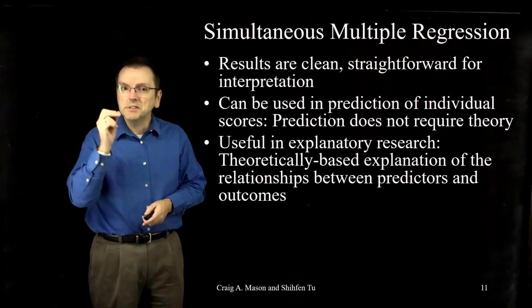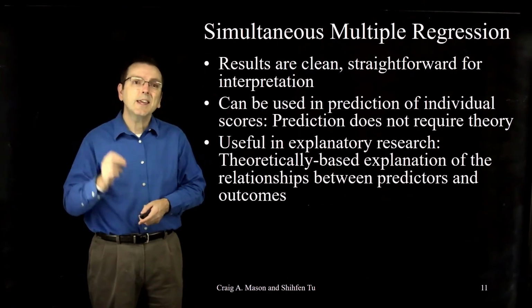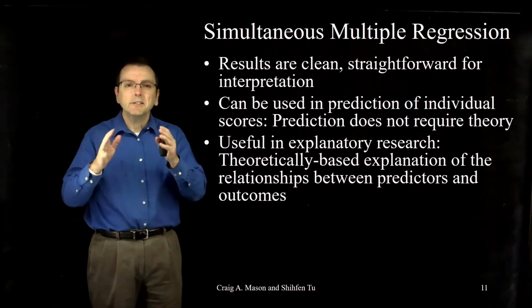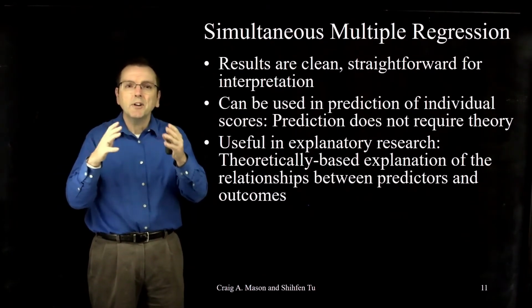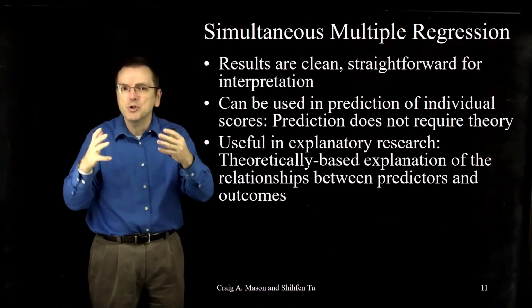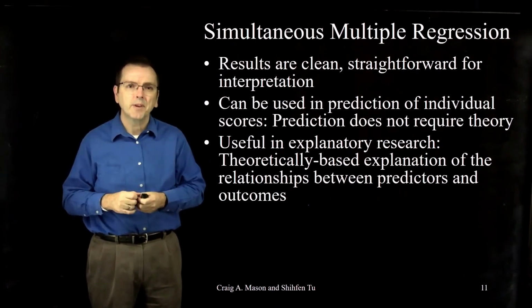Now, some say that simultaneous multiple regression is the best approach for explanatory research. That's the research that is often kind of early, that is studying the nature of some issue or phenomena and looking at ways to define or measure it.